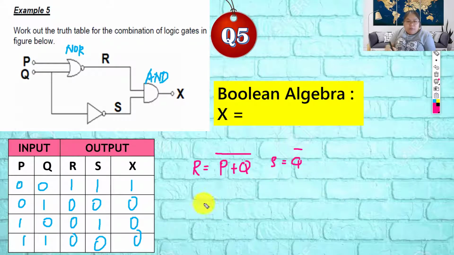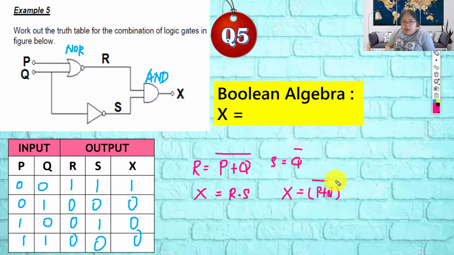How about the X? X, there's an AND gate, R dot S. Now I want to combine. We combine the final answer with just P and Q. So from here, X equals P plus Q, bracket, you put a bar.